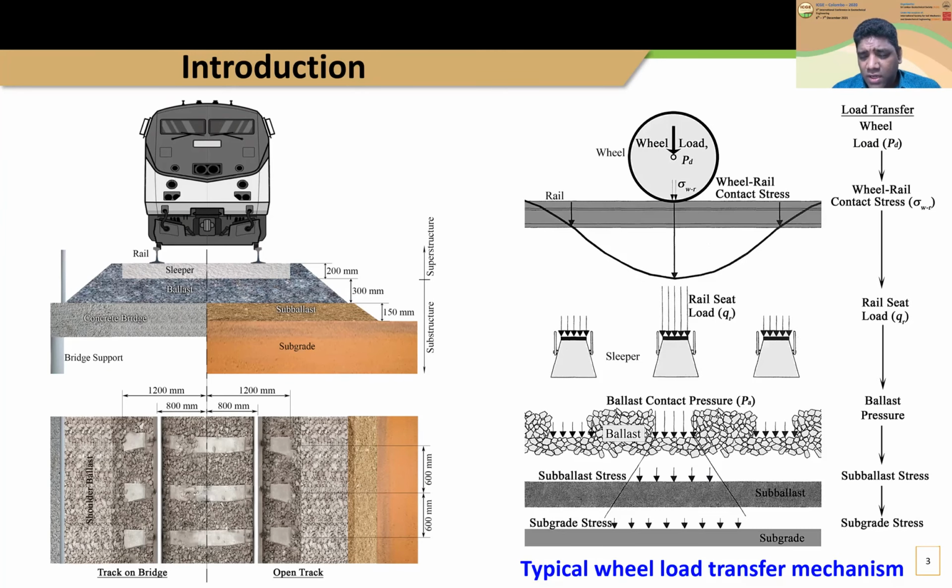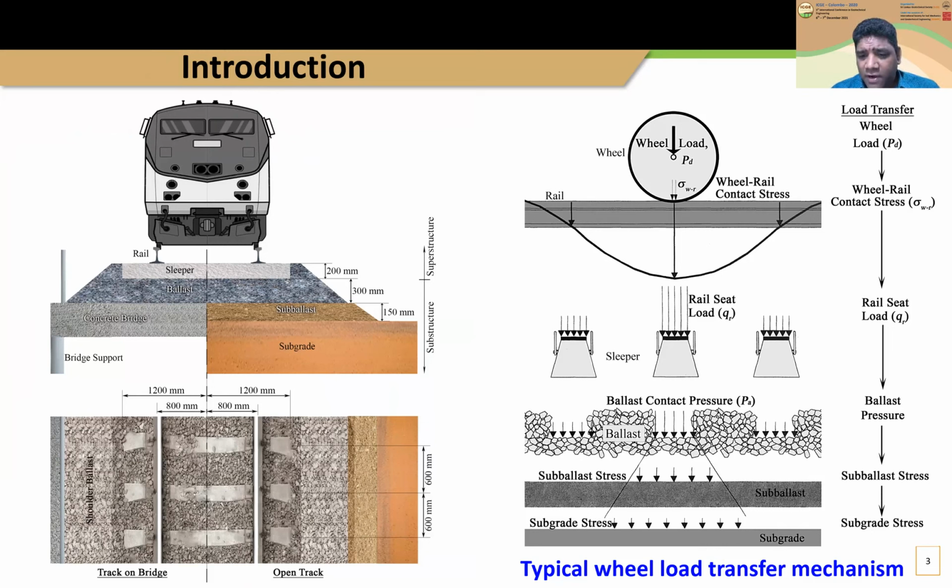It is important to understand how the wheel loads are transferred to the subgrade layer, from the wheel through the rails and sleepers. Then we have the ballast layer, sub-ballast, and the subgrade.